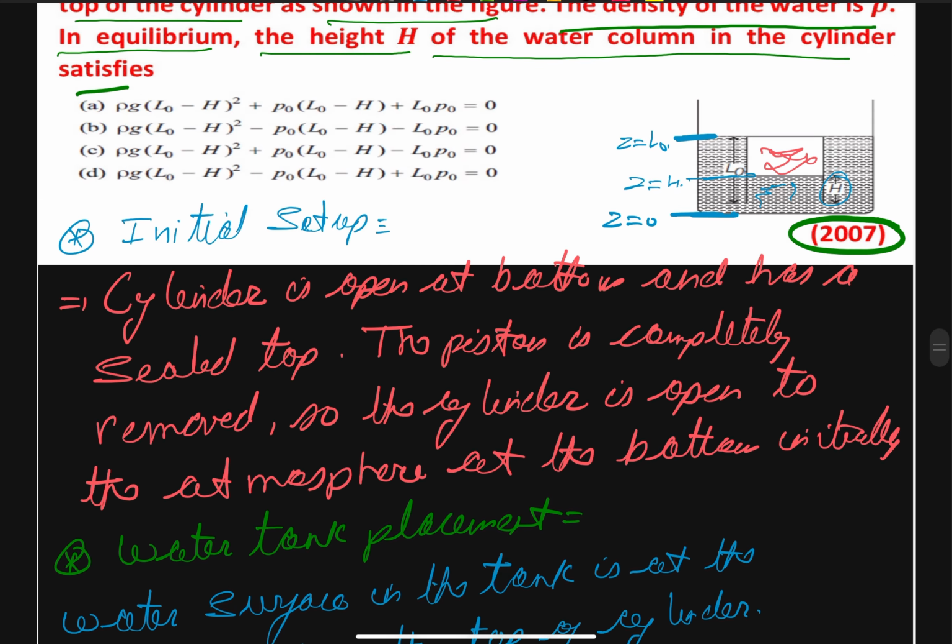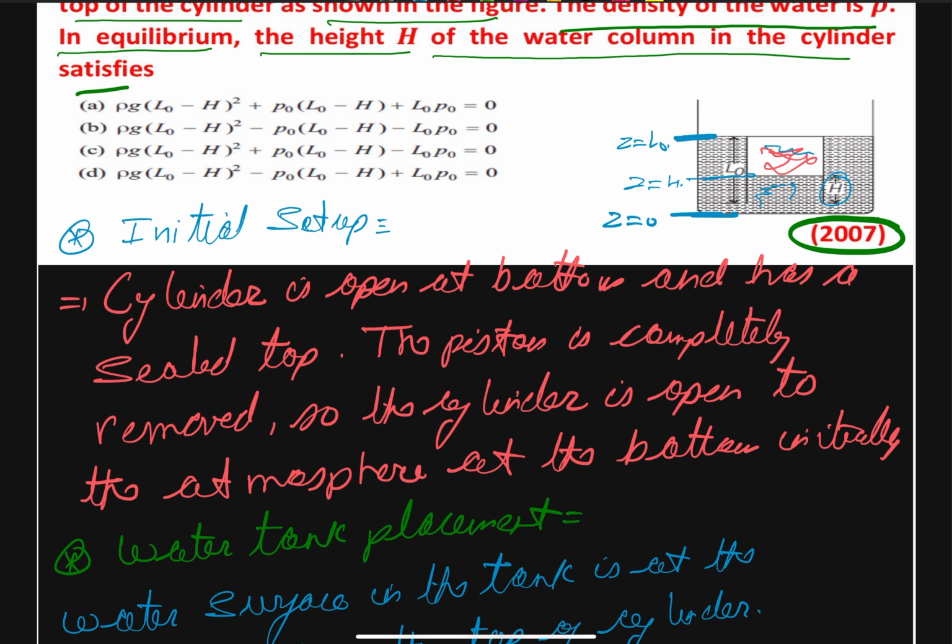because initially the cylinder was open, there will be gas at atmospheric pressure inside the cylinder, but because of the water this gas will be a little bit compressed, and we can divide this entire section into two parts.